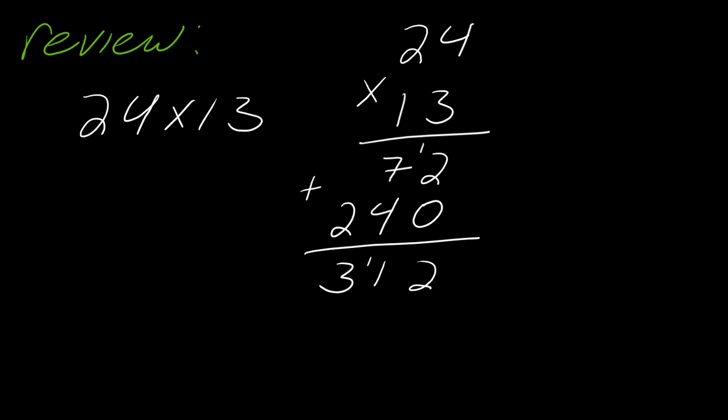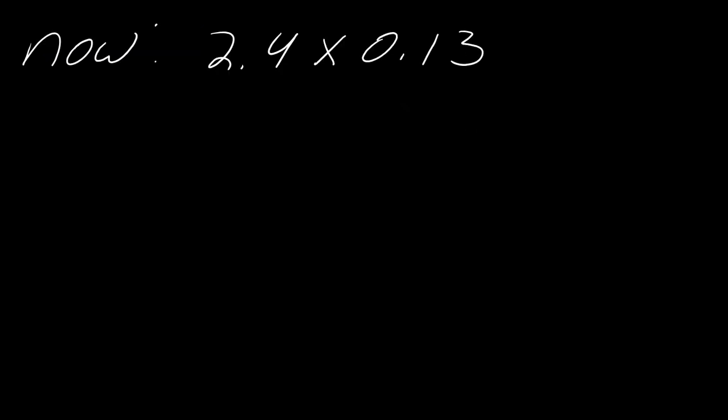Okay, so that's how you multiply in general. So what would I do if I had 2.4 times 0.13? What you're going to do is actually the exact same thing. We line this up as 2.4 times 0.13, and I'm going to ignore the decimals for a second.